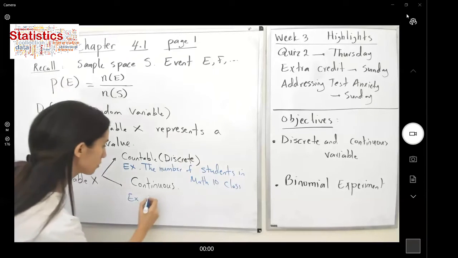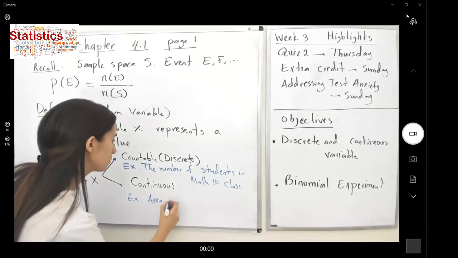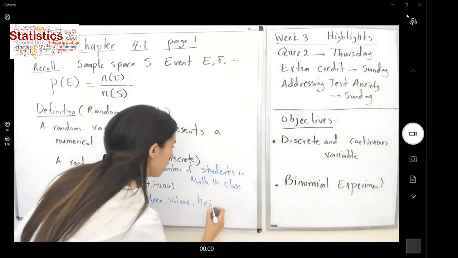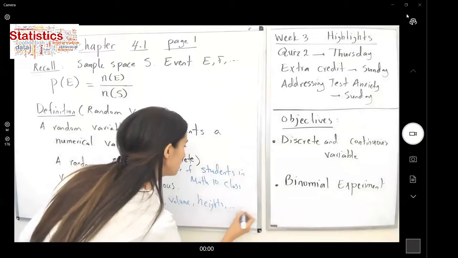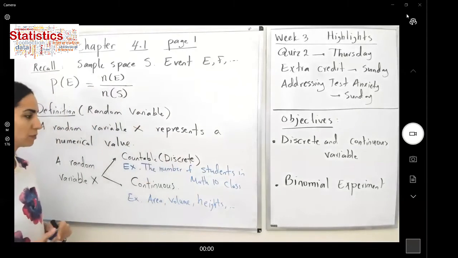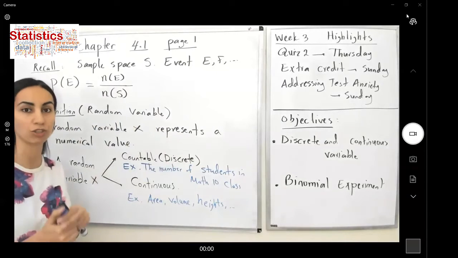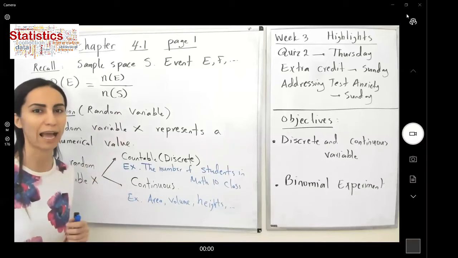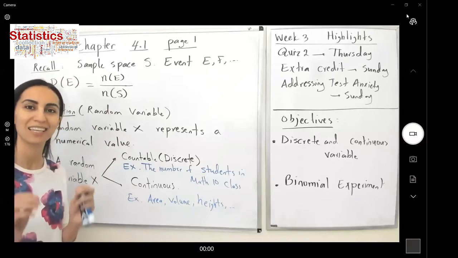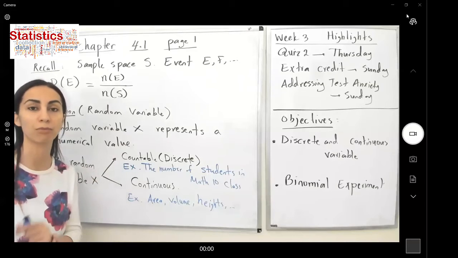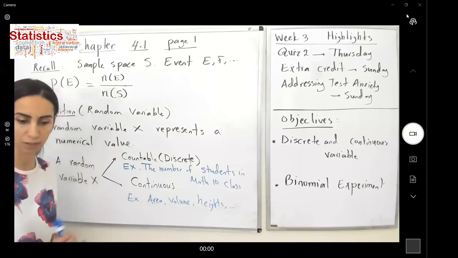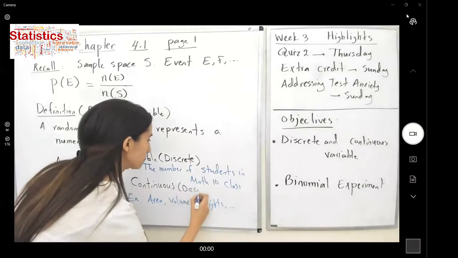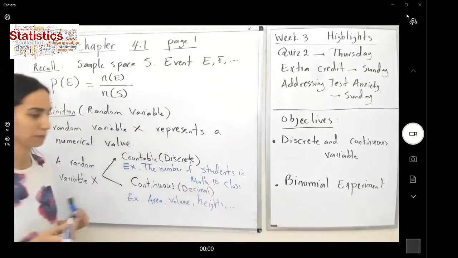So again, countable or discrete, I can count them. Continuous, you cannot actually count them. It's usually represented by decimal numbers.